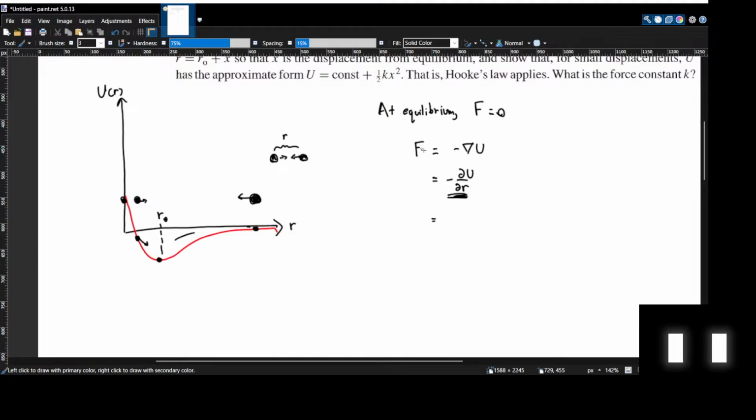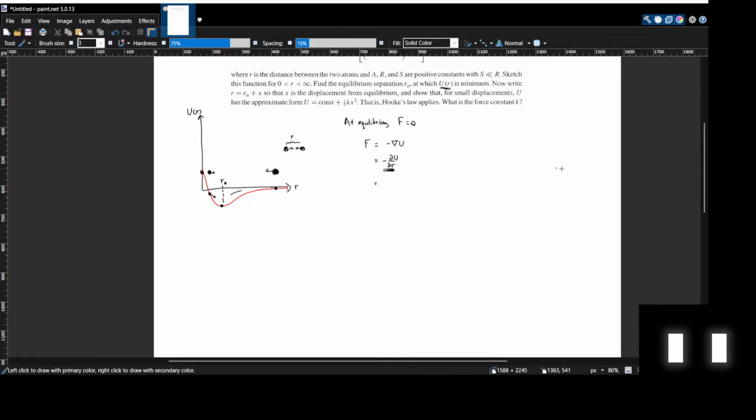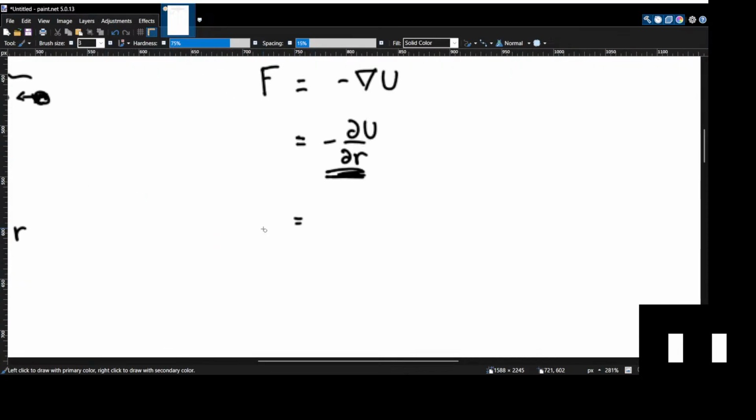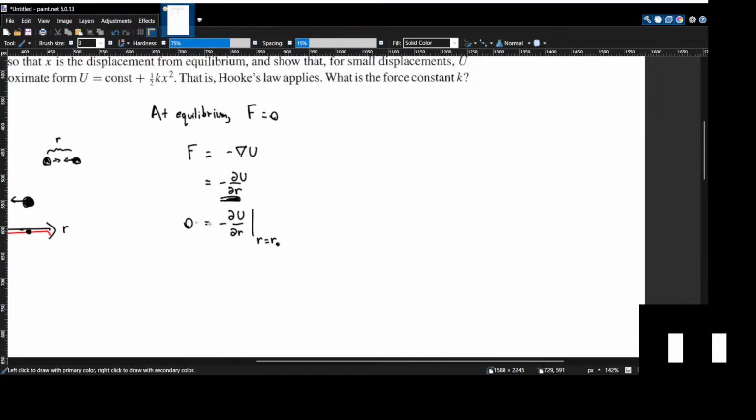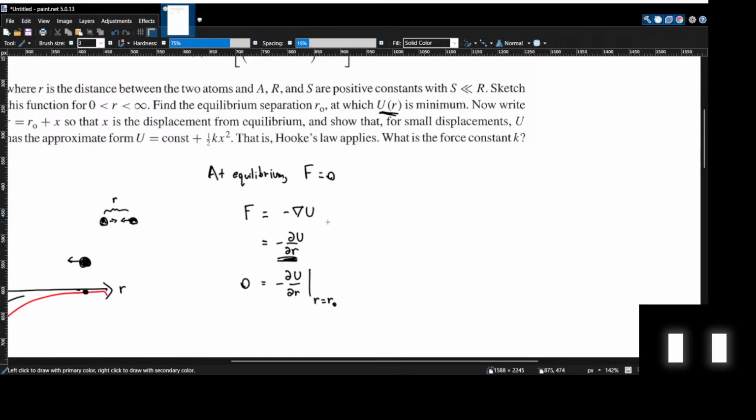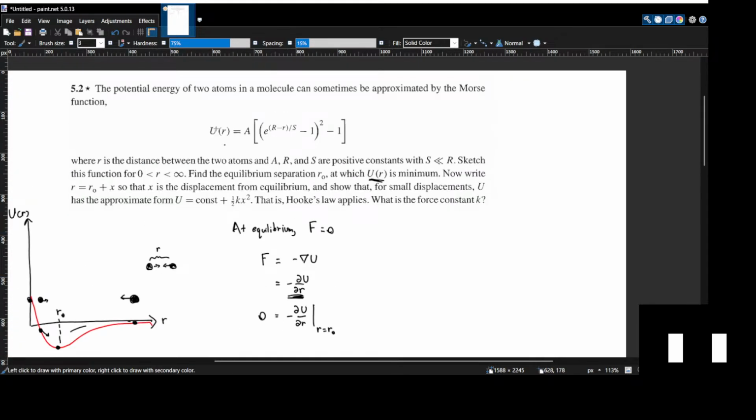And we want to find F equals 0. So we're going to need 0 equals negative partial U by partial R evaluated at R equals R naught, where R naught is going to be the point of equilibrium. And we already know U, as it is given to us by the question. So let's just evaluate it.